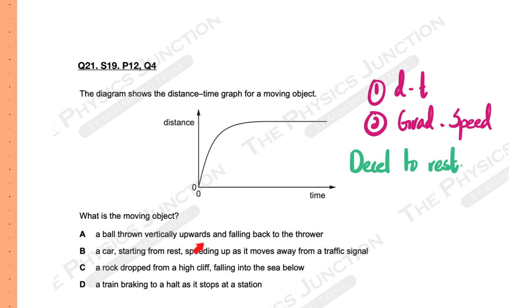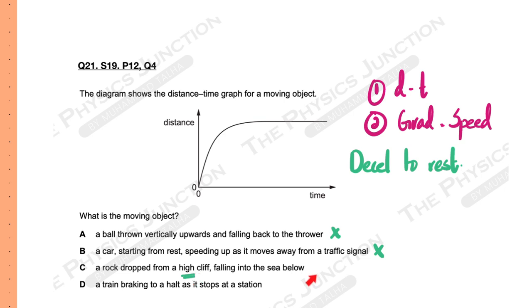A ball thrown vertically upwards, falling back to the thrower. This is never at rest. A car starting from rest, speeding up, not at rest. A rock dropping from a high cliff, falling into the sea below. A high cliff basically tells us this is falling in air and it has reached terminal velocity.